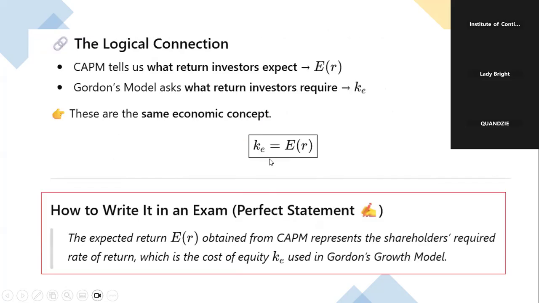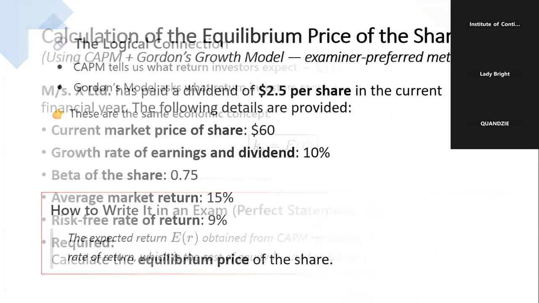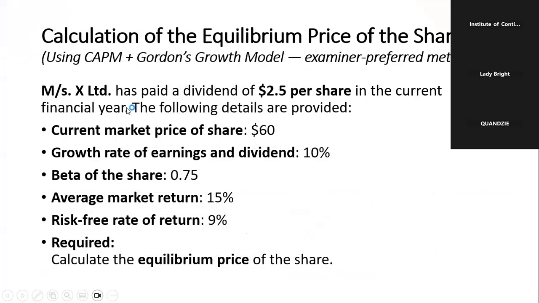So in concept, KE is the same as the expected return. So if you have a question like this: MSL Limited has paid a dividend of 2.5 per share in the current financial year with the following details. Current market price is 60.